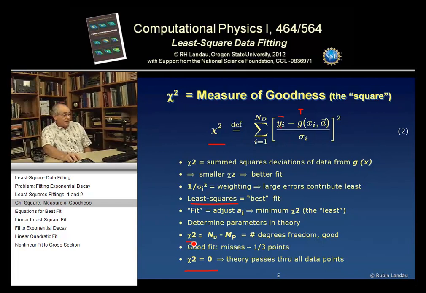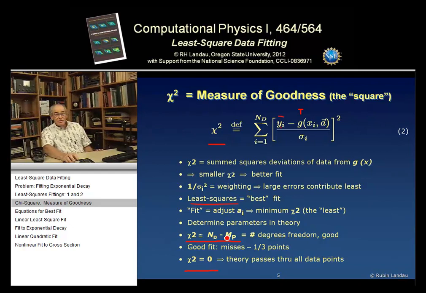So what you expect is you expect chi-squared to be roughly the number of degrees of freedom you have. The number of degrees of freedom is the number of data points minus the number of parameters. Ooh, which is already interesting. So if you have 2 data points and 3 parameters, the degrees of freedom is negative. That means you've over-determined the problem.